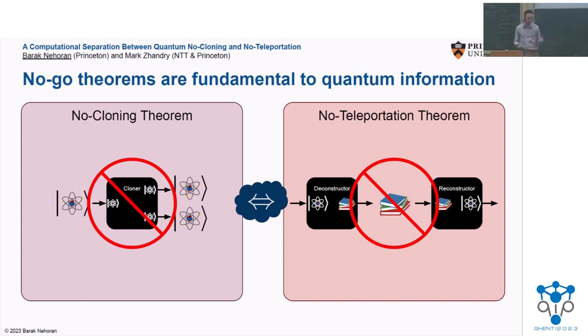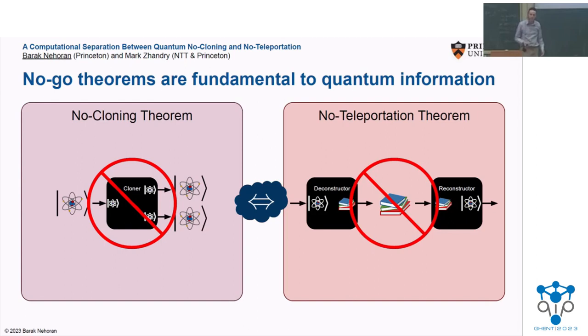They're equivalent in the sense that if you have a quantum state that is clonable, then it is also teleportable. And if you have a quantum state that is teleportable, then it's also clonable.